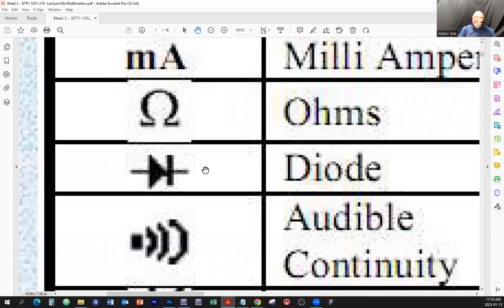Okay. Now, things get a little bit complicated when we are dealing with the LEDs, which is the light emitting diodes, because the different colors of the diodes are made out of different material. And because they are made of different material, they will have different forward bias voltages.